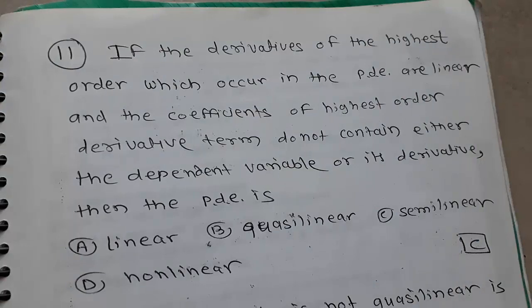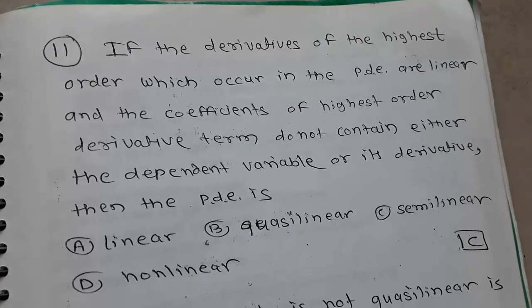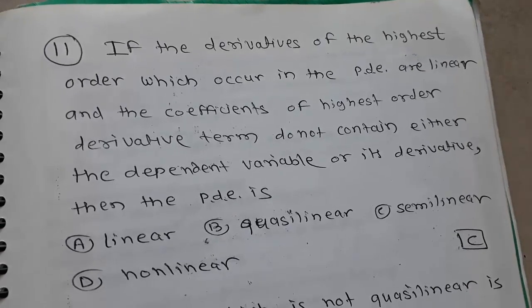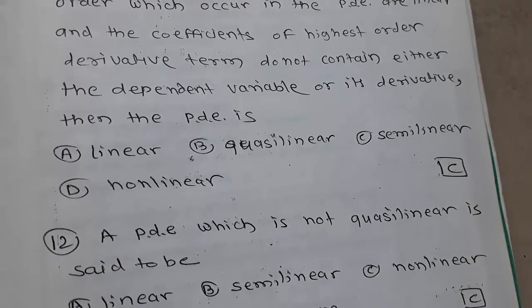11th, if the derivatives of highest order which occur in the PDE are linear and the coefficients of the highest order derivative terms do not contain either the dependent variable or its derivatives, then the PDE is, options are linear, quasi-linear, semi-linear, and non-linear.